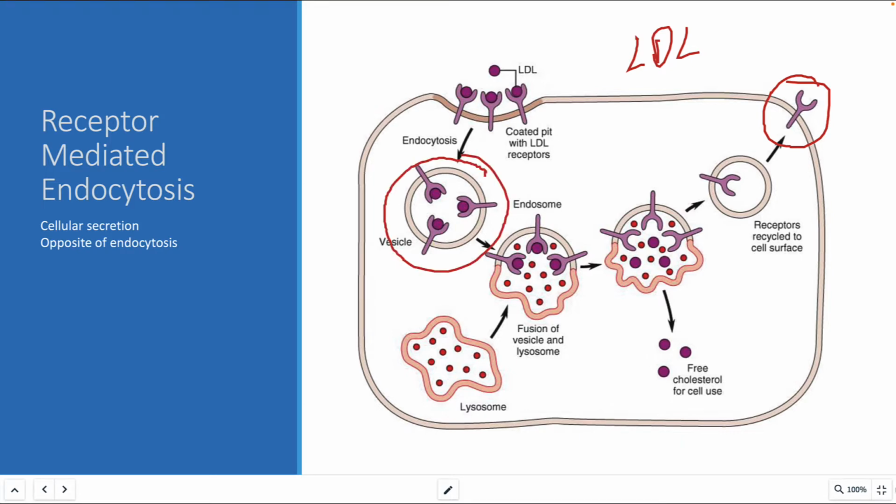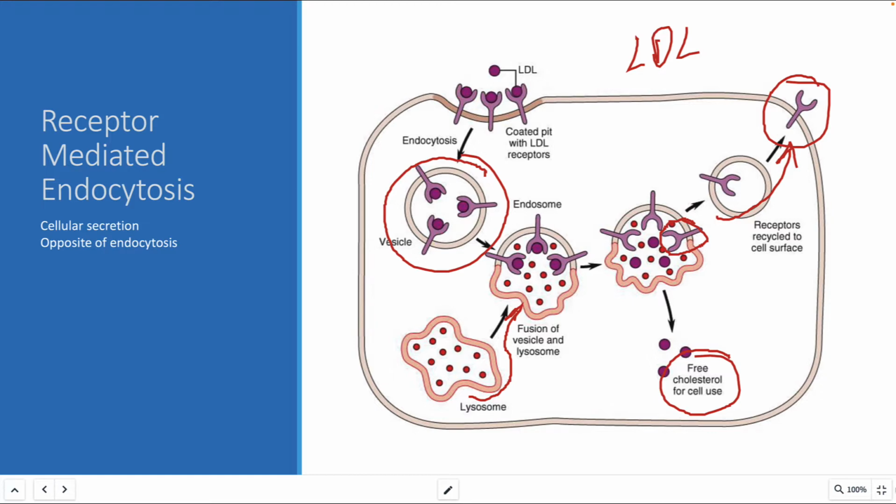And those vesicles then get attacked by the lysosome, which we talked about before. Remember, it contains the hydrolases. And this hydrolysis can happen now where it breaks down these cholesterol particles, and then that liberates free cholesterol for cell use. And then it can take that remnant receptor, that protein that's specialized to accept LDL particles, and repurpose it back to the cell membrane so that it can bring something back in.